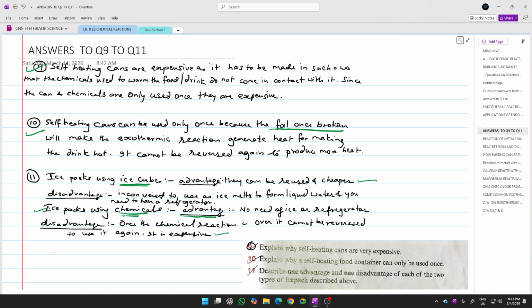Self-heating cans are expensive as they have to be made in such a way that the chemicals used to warm the food or the drink do not come in contact with each other.